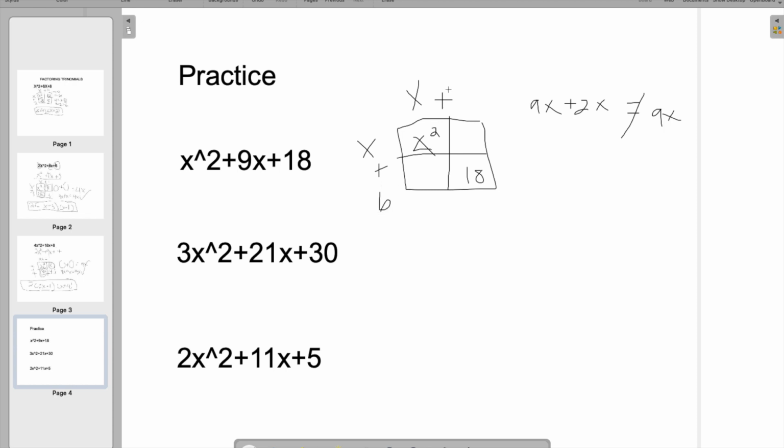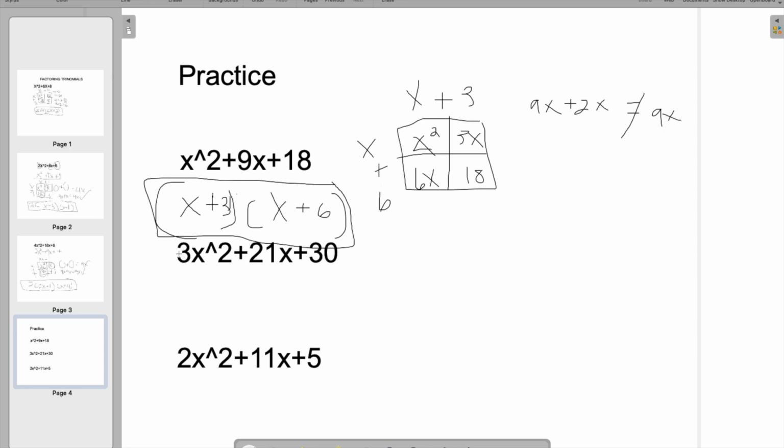The next factors I tried were 6 and 3. So 3 times x is 3x, and 6 times x is 6x. And since 6x plus 3x equals 9x, this is the answer. So the answer is x plus 3 times x plus 6. Yay!